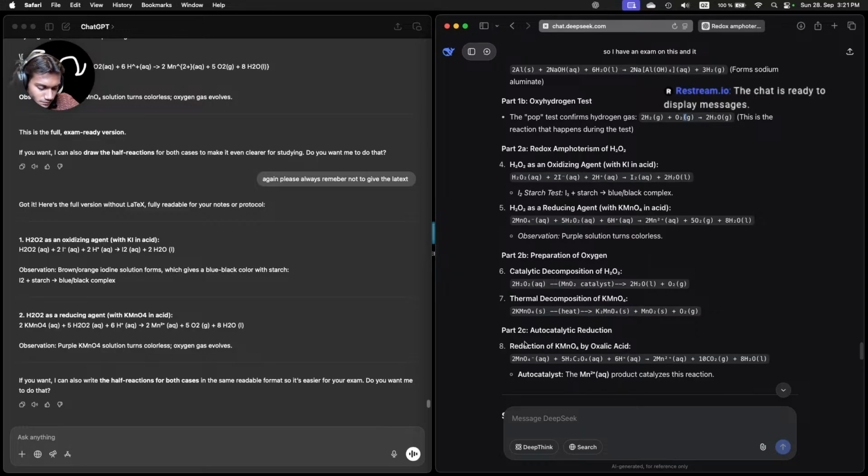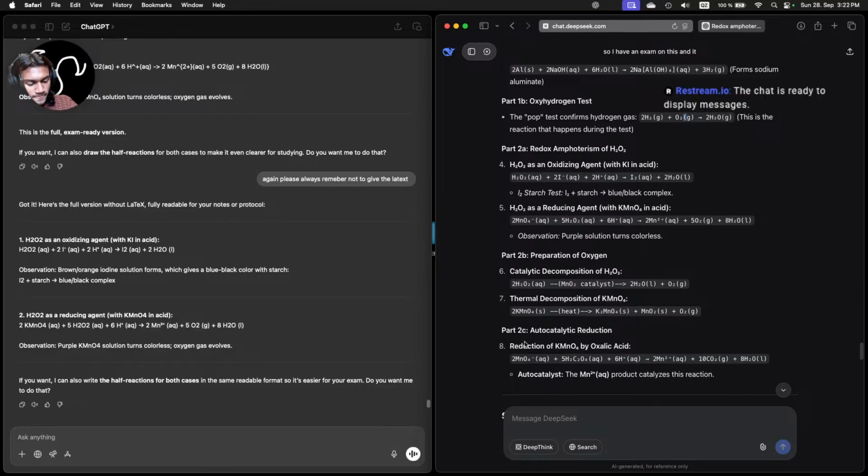Decomposition of peroxide: H2O2 with MnO2 gives 2 times H2O plus O2.